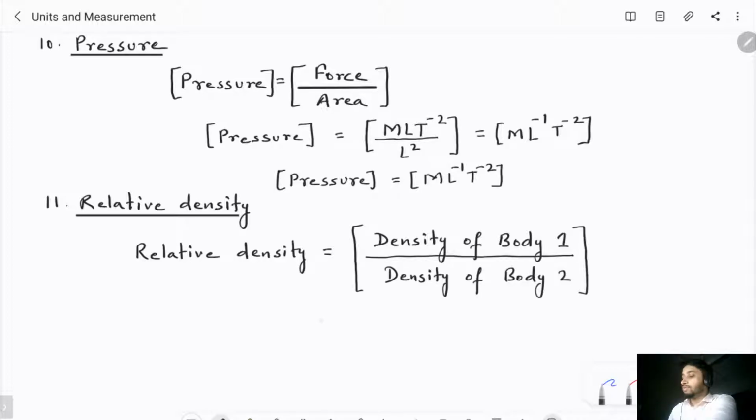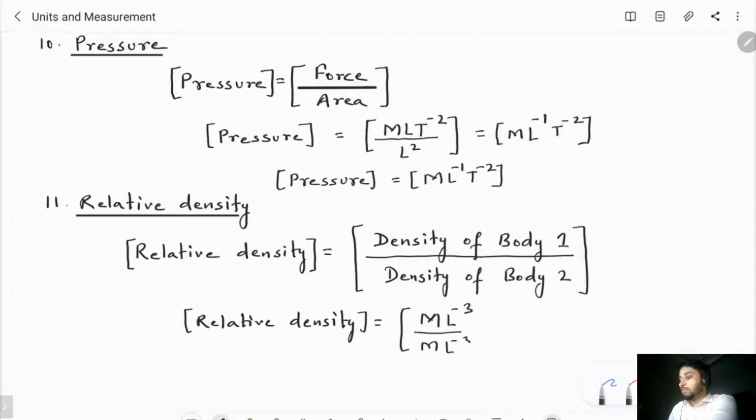Fine. So we can take the ratios. The dimensional formula for relative density will be, so density of any body, we have already seen the formula, m L to the power minus 3 divided by m L to the power minus 3.